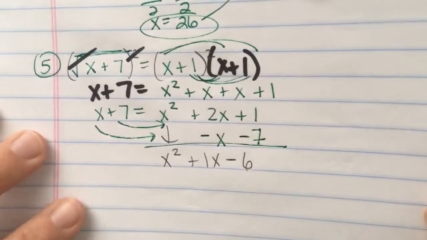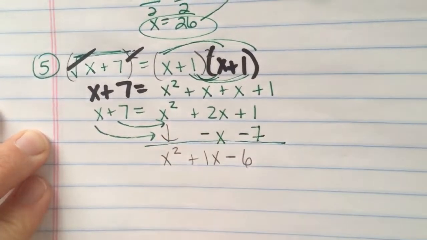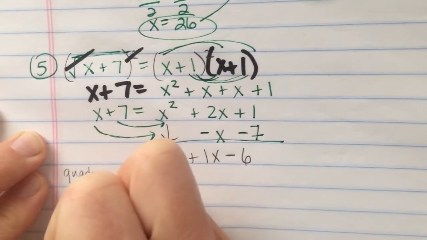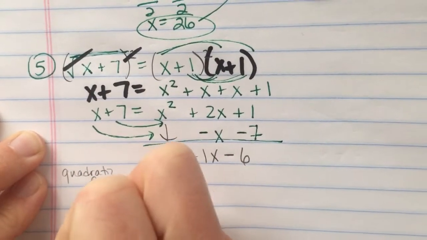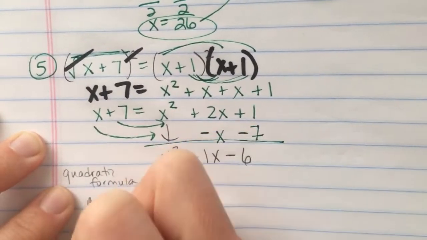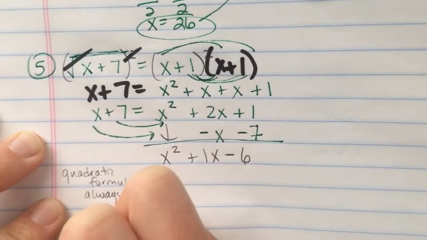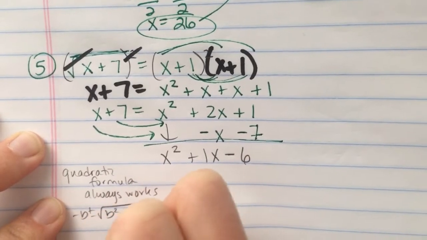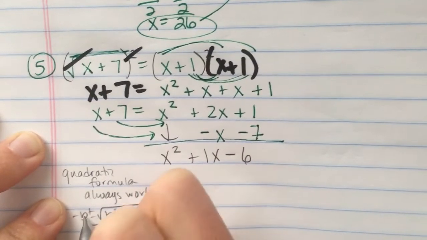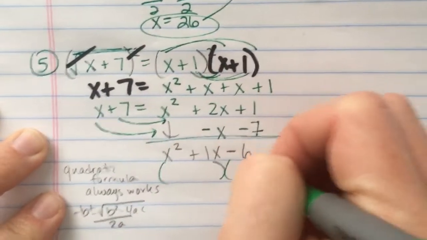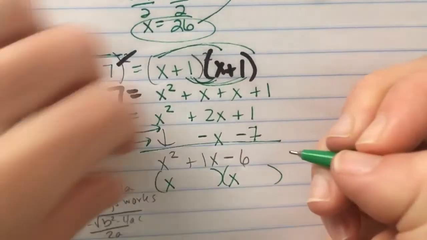Okay? These will always factor, but if you hate factoring, the quadratic formula also always works. I think factoring is a lot easier, but the quadratic formula always works as well. Negative b plus or minus the square root of b squared minus 4ac, over 2a. Alright, so I'm going to factor it. 2 sets of parentheses, x and x.